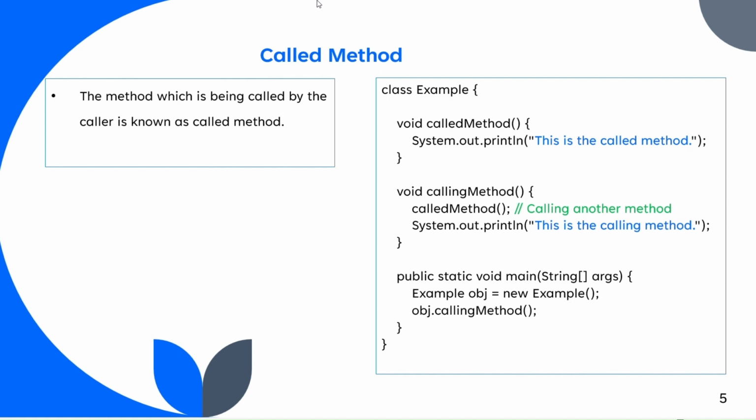I hope you will understand the called method. It's a simple thing. The called method means the method which is called by another method. So inside of the calling method we have a called method, right?